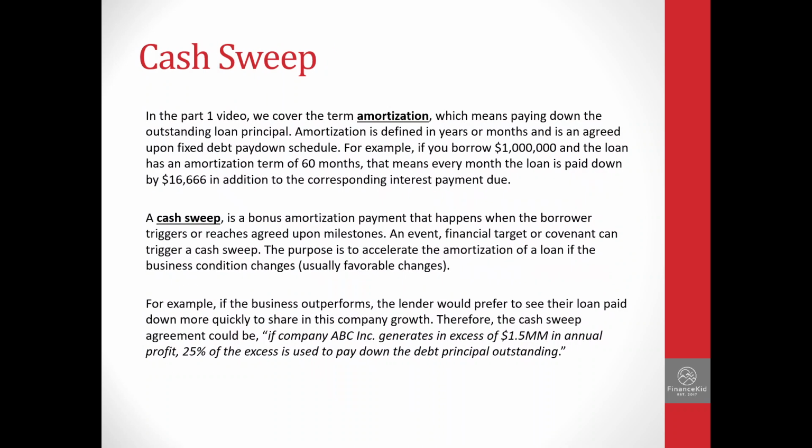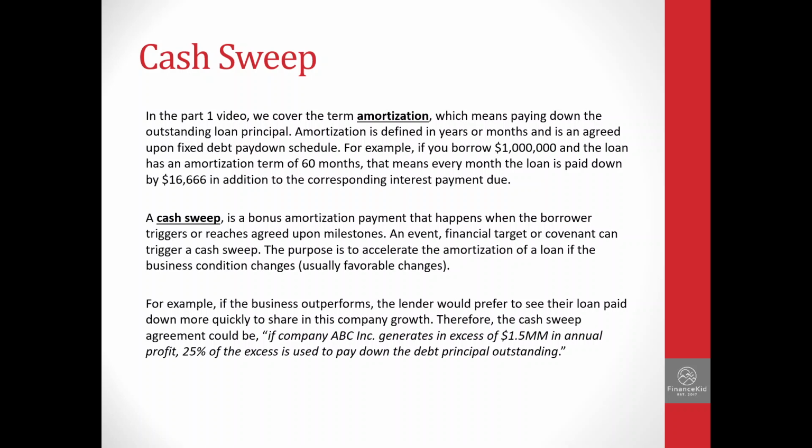Now, another term to use, and in part one of this terms and definitions series, we talked about the term amortization, which essentially means to pay down the outstanding loan principal. I'm amortizing a loan, and therefore I'm paying the outstanding loan balance down. And so amortization is typically defined in terms of years or months.